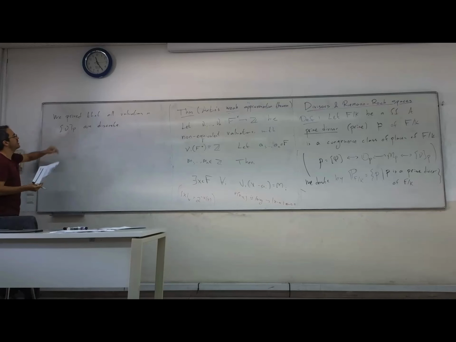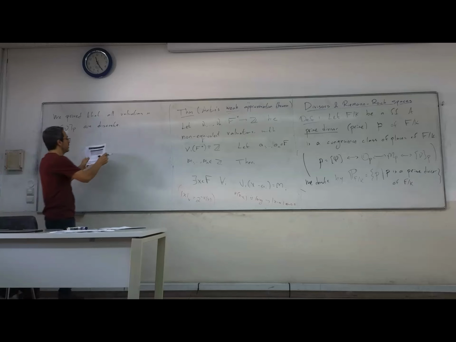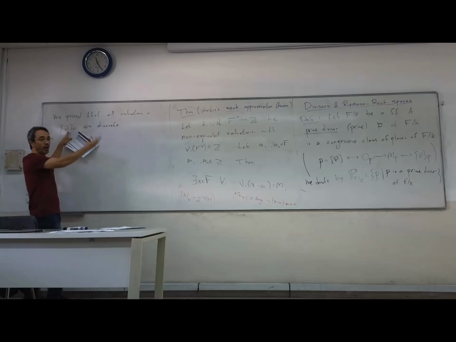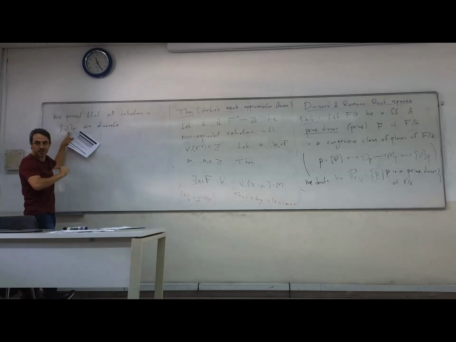And there is a lambda that maps one to the other, because valuations are equivalent if and only if there is an order-preserving group isomorphism between them. So in our case, it's just multiplying by some factor, because we know that all of them are discrete. Maybe one of them is V and the other is twice V. But you don't have minus V, because it's not order preserving.